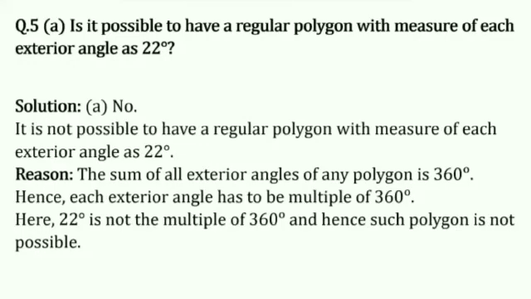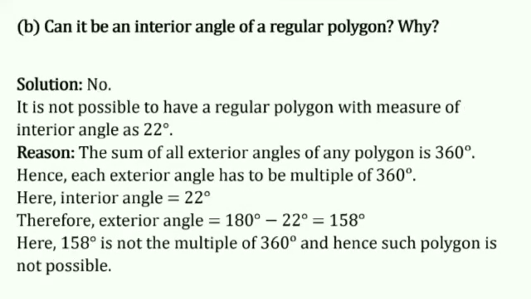And because it is a regular polygon, the exterior angle has to be a divisor of 360 degree. So here 22 degree does not divide 360 degree, and hence such polygon is not possible. Because if you divide 360 by 22, you will not get a whole number. So it is not possible to have a regular polygon with measure of each exterior angle as 22 degree.